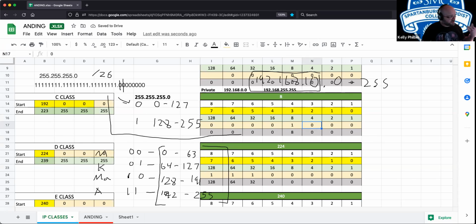Is 7 greater than 4? Yes. Put a 1 here. 7 minus 4 is 3. Is 3 greater than 2? Yes. Give me the 1 there. 3 minus 2 gives me 1. I move to the next one. 1 here. Does 1 equal 1? Yes. So now my binary representation for 15 is 0, 0, 0, 0, 1, 1, 1, 1.